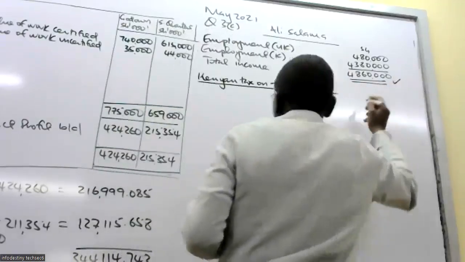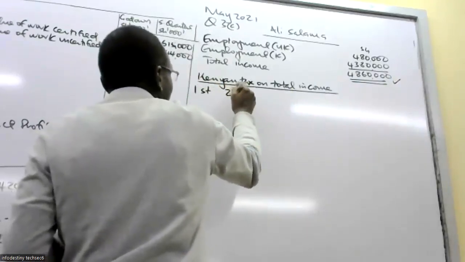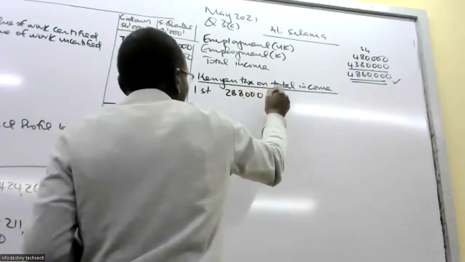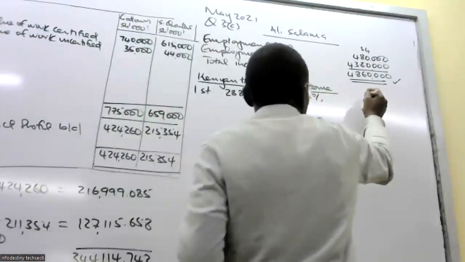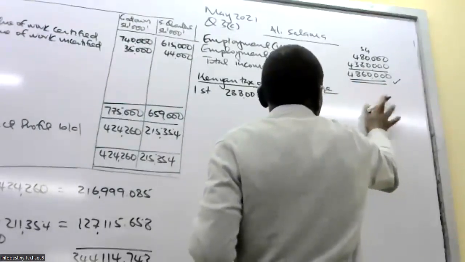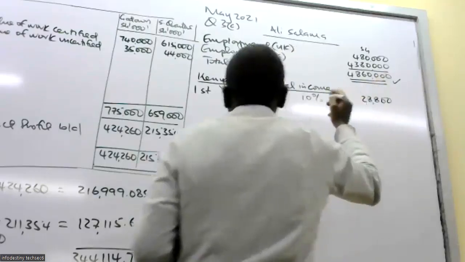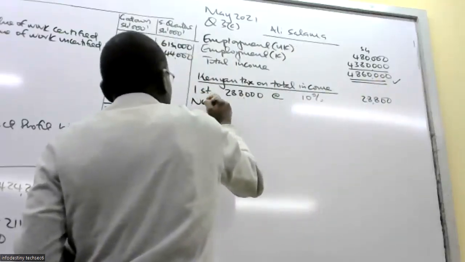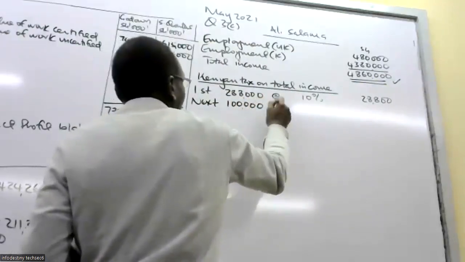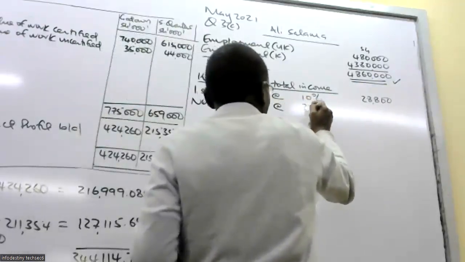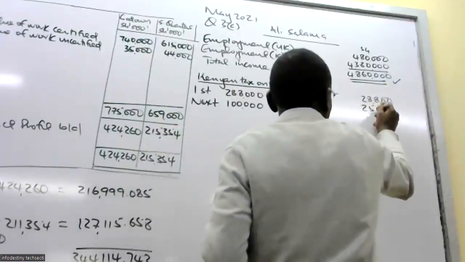Total income here, you use the graduated scale. On the first 288,000 at 10% gives us 28,800. On the next 100,000 at 25% gives us 25,000.